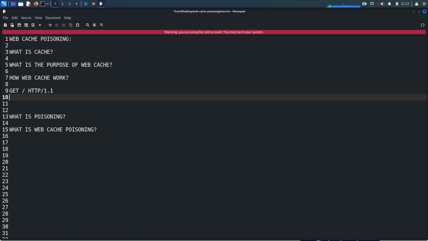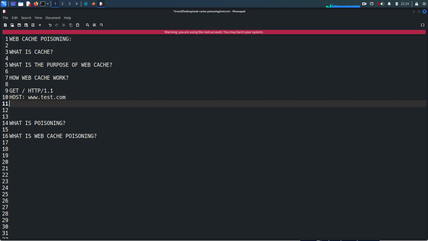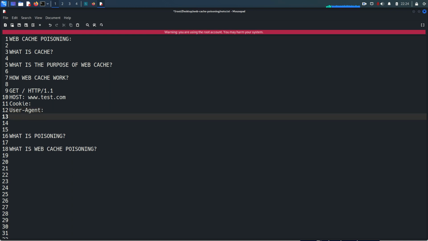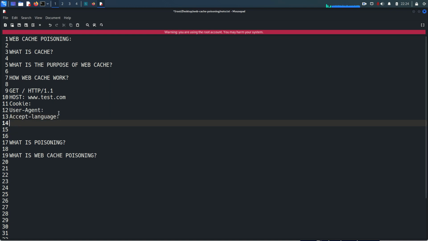HTTP/1.1, and then the second line is the Host header, and here we see www.test.com, something like this. And then there are other headers, like Cookie, User-Agent, Accept-Language, and a lot of headers.